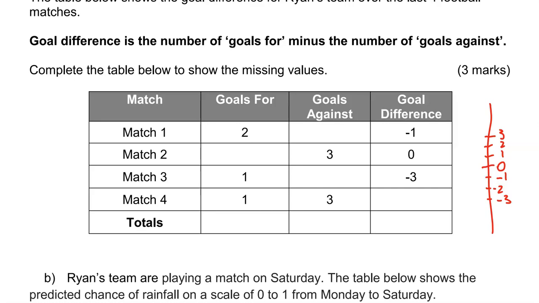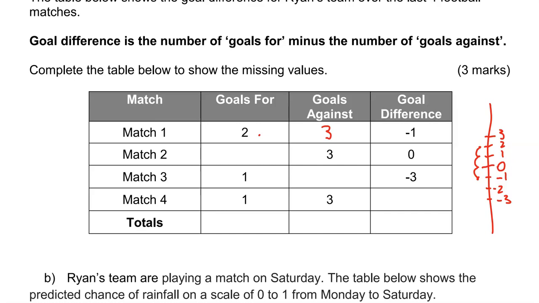So goals for minus the number of goals against. So for match 1, if we start with 2, to get to -1, we take away 1, 2, 3. So number of goals against must be 3, because 2 take away 3 gives us -1.